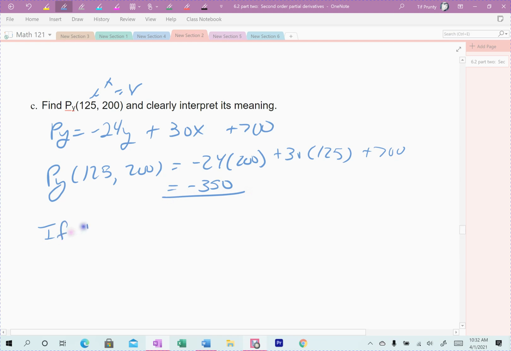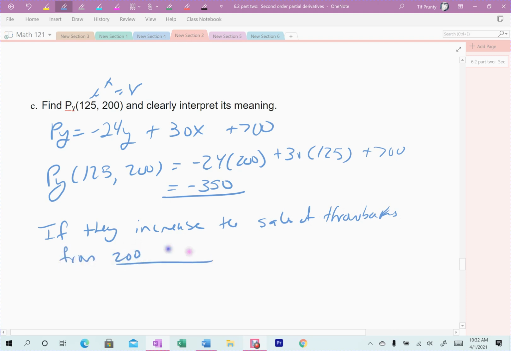So if they increase, and again I'm going to guess it's a cost efficiency thing, if they increase the production and the sales of throwbacks from 200 to 201. Again, it would be different if it was a different number, so we'll actually plug 200 in.